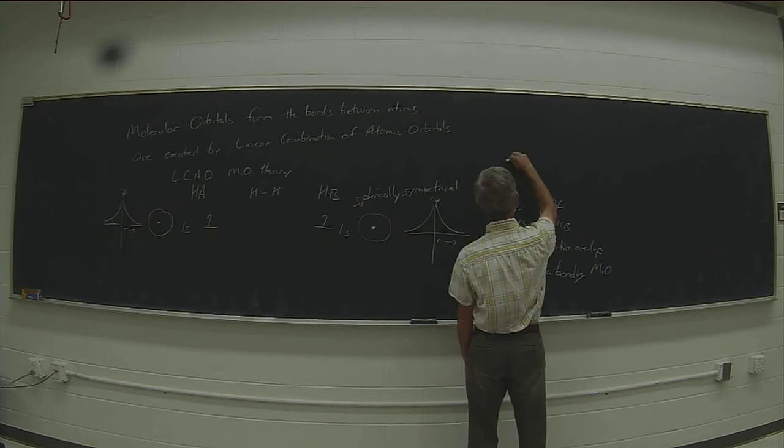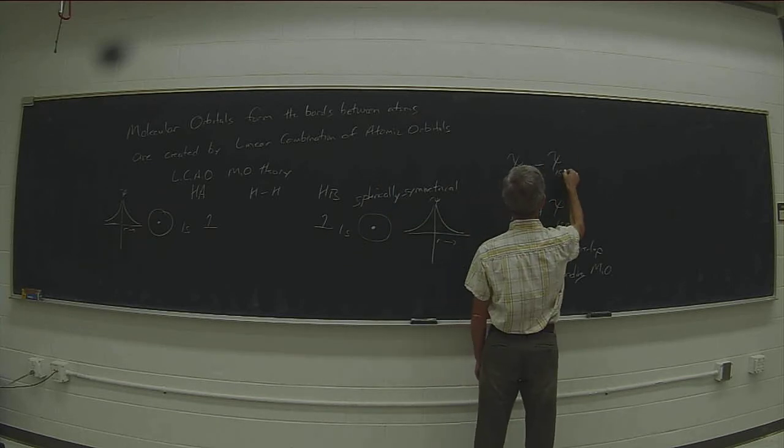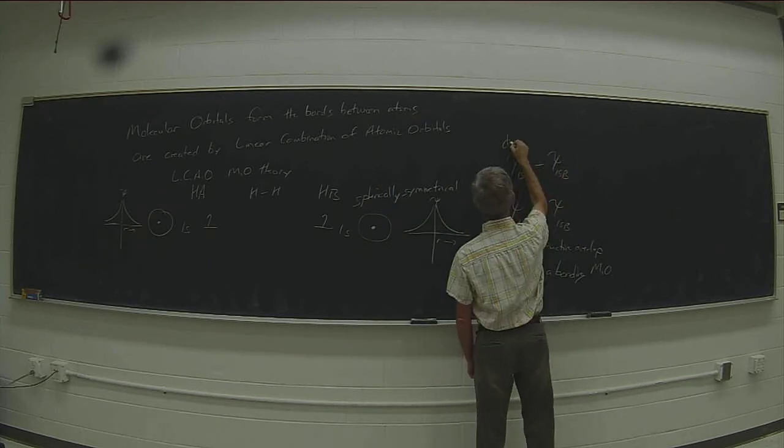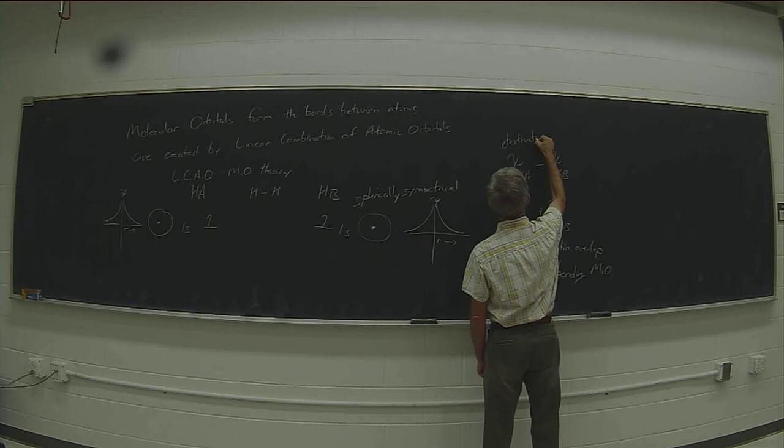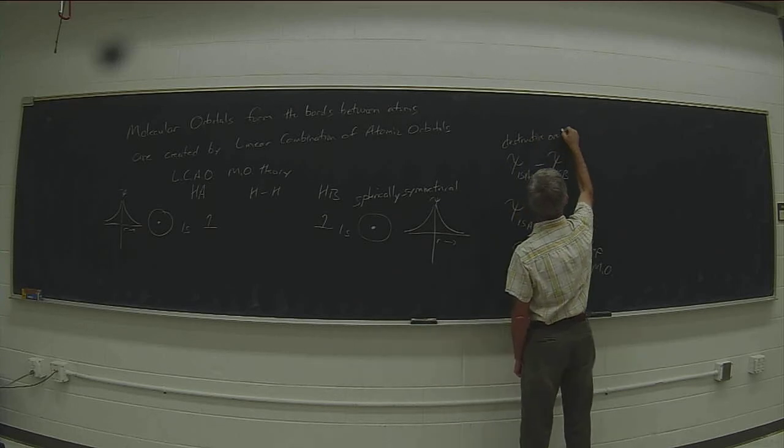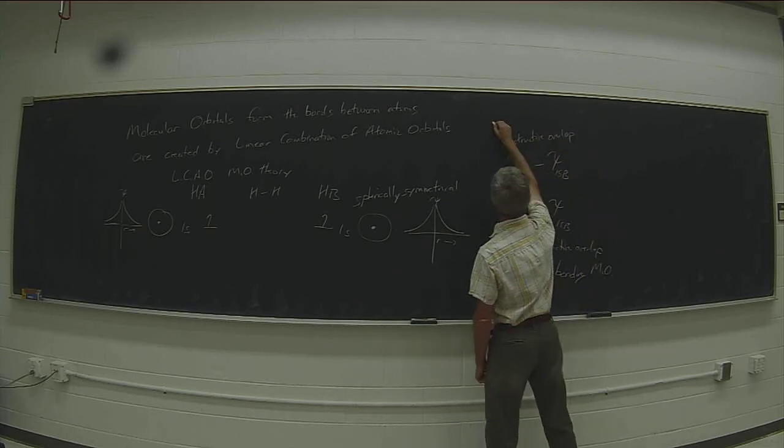And we're going to take the other linear combination, psi 1sA minus psi 1sB, which will cause destructive overlap and result in an anti-bonding orbital.